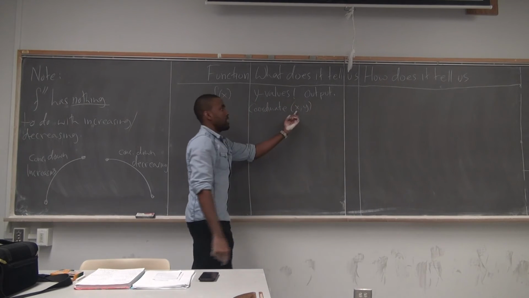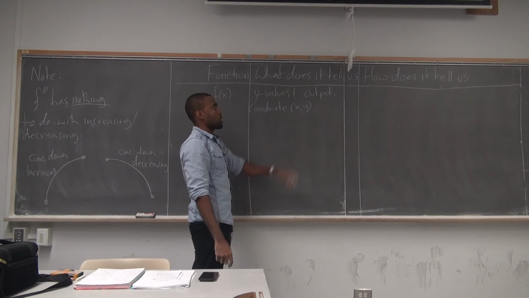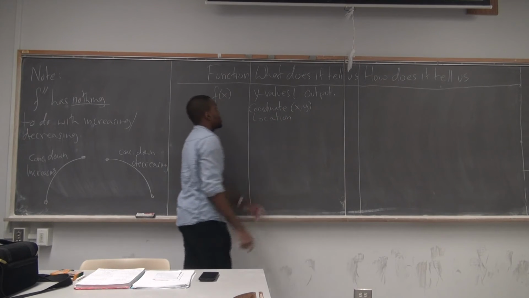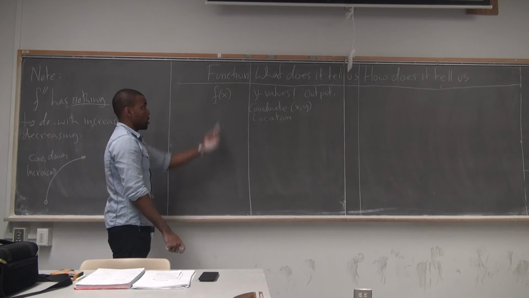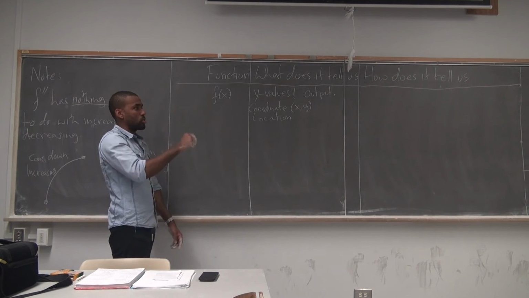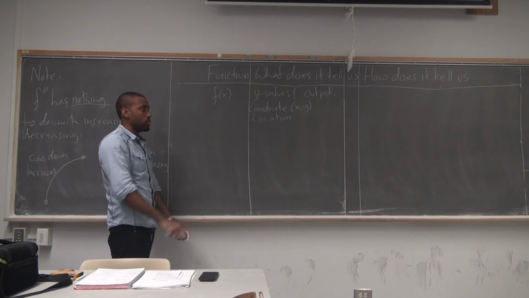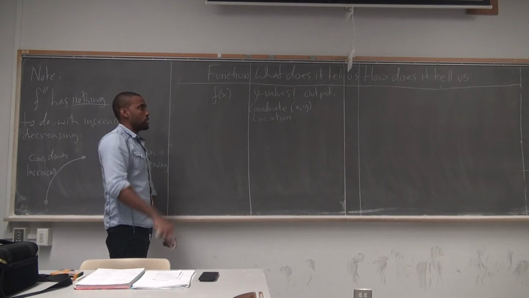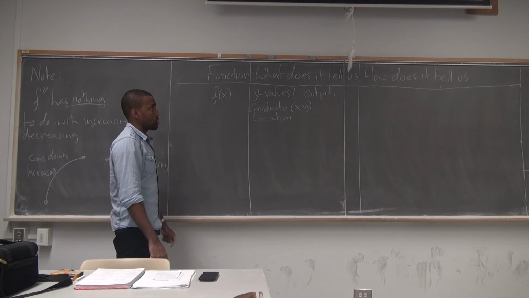If I know the x value, I need to find the y value to find a coordinate or a location. That is what the original function tells us about. It tells us how to plot the y values for each given x value, which makes a picture, how to draw the graph. It tells me where my point should be as a location on the graph.